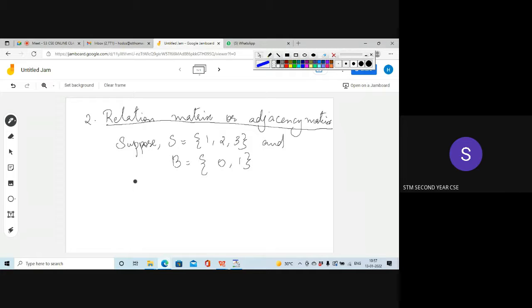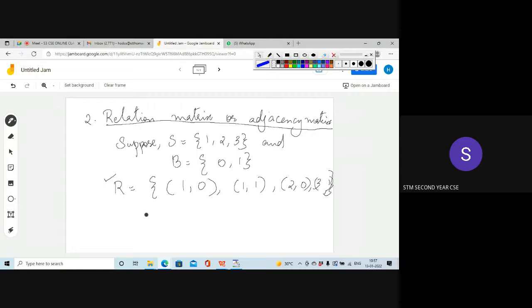And you have a relation defined on this, R = {(1, 0), (1, 1), (2, 0), (3, 1)}. This is the relation from S to B. Now I want to represent this relation in the form of a relation matrix.